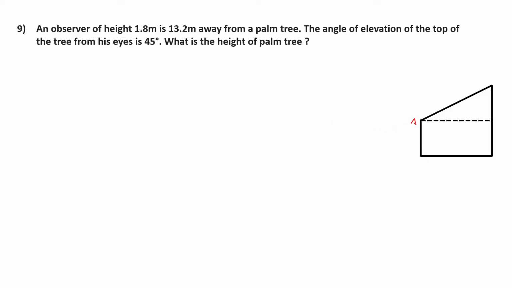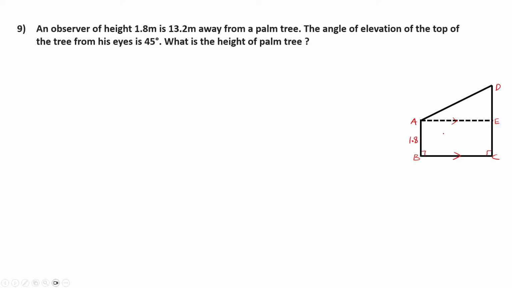Now here AB is the height of the observer. Next DC is the height of the palm tree. Now height of the observer is 1.8. He is standing perpendicular to the ground. DC is also the palm tree which is standing perpendicular to the ground. And here BC is the original horizontal level, and AE is the imaginary horizontal drawn parallel to the horizontal.